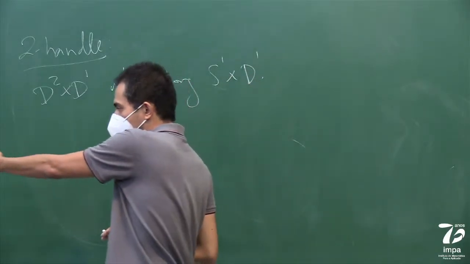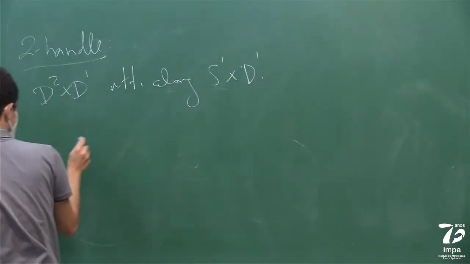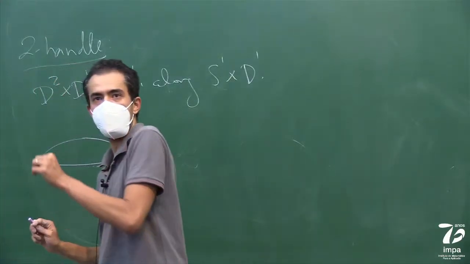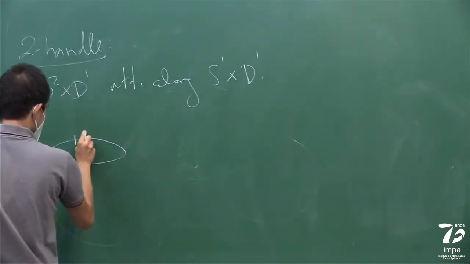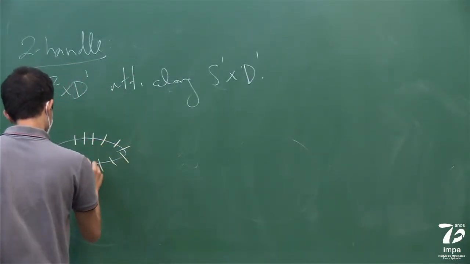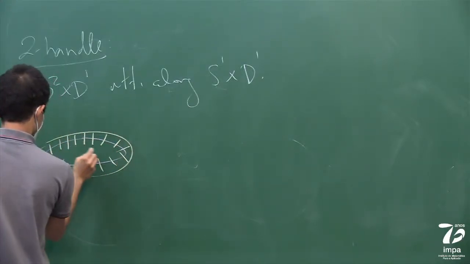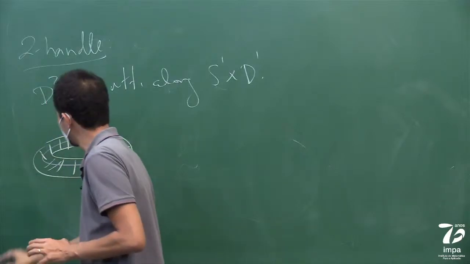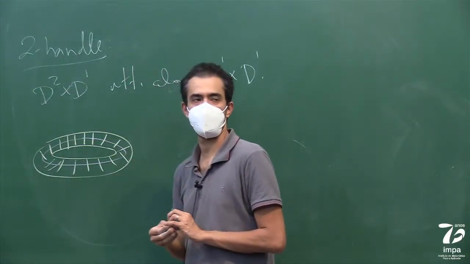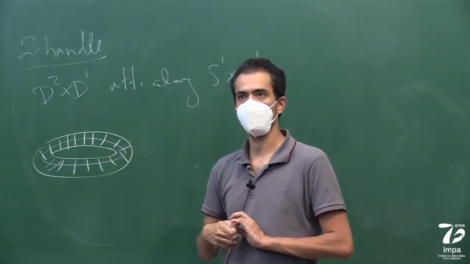So that means, in the boundary, you have to find a circle, and then you thicken the circle, and then you glue in this D2 times D1 there.